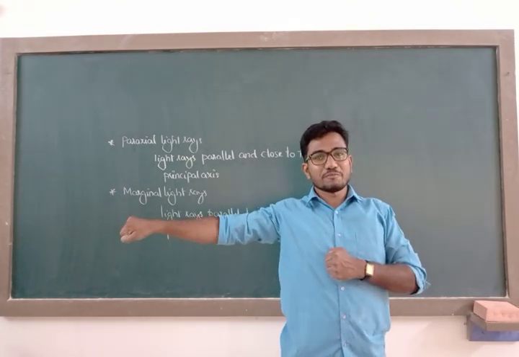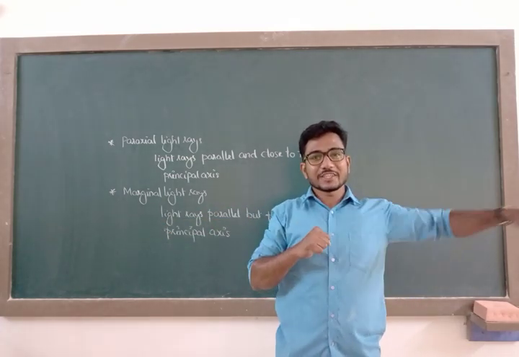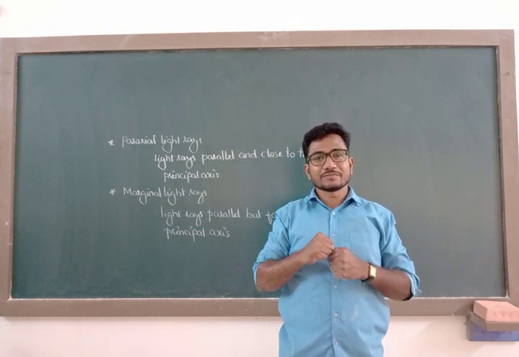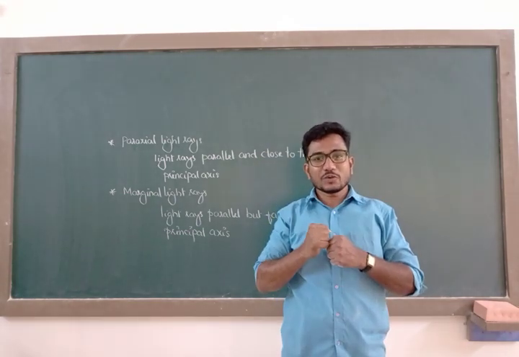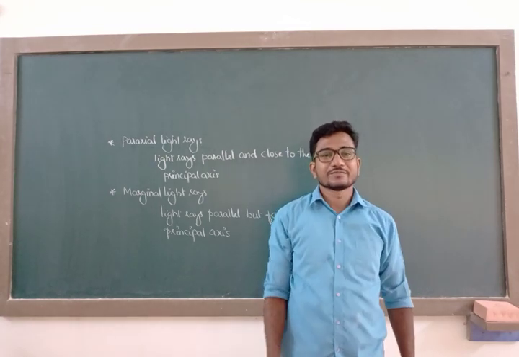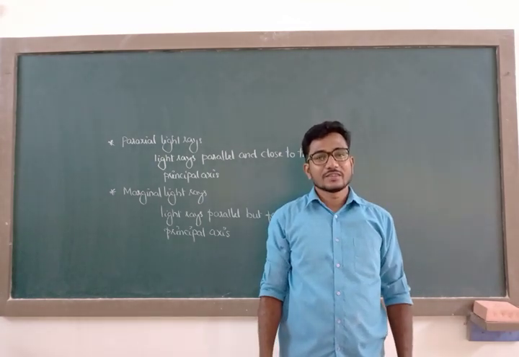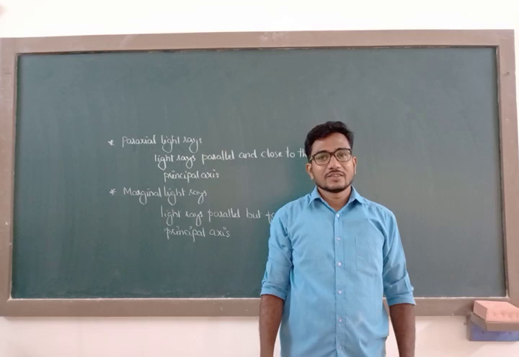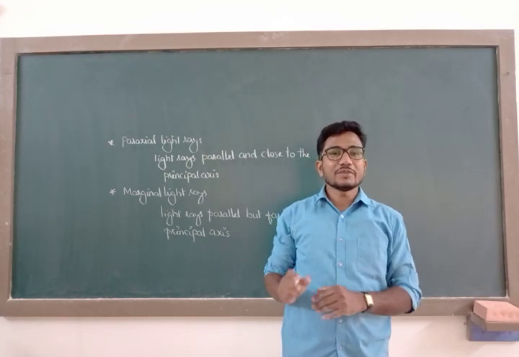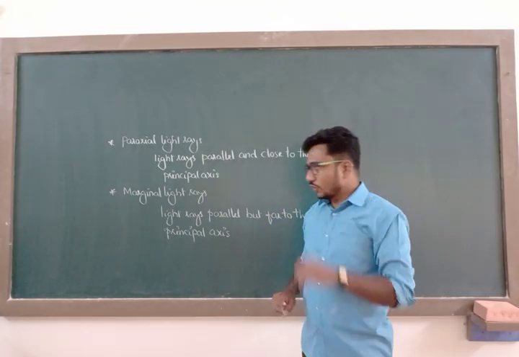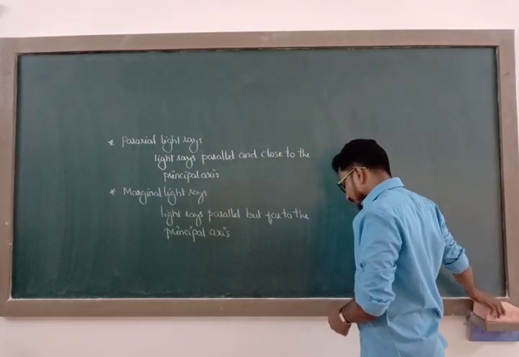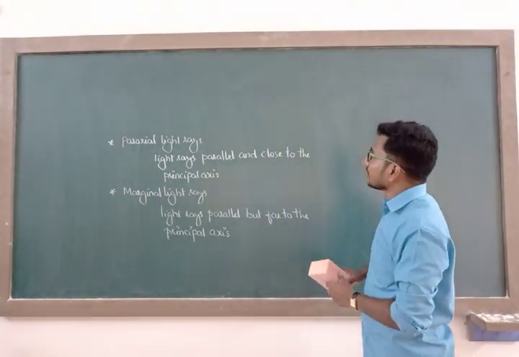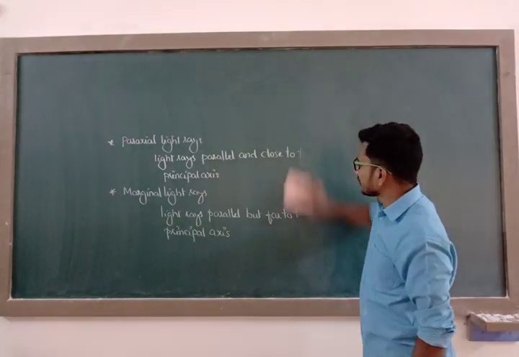Right side positive, left side negative. Upward direction positive, downward direction negative. In a similar way, we consider rules while deriving the equations in case of spherical mirrors. Those rules are known as Cartesian sign convention.